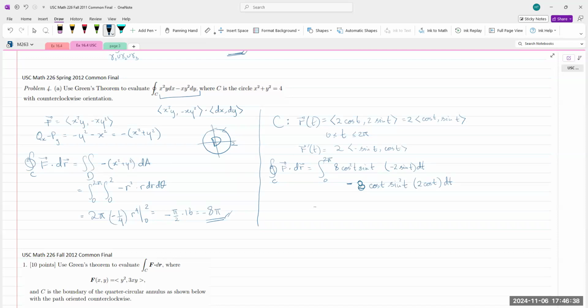Putting things together, that's negative 16 factored out, integral from 0 to 2 pi of cosine squared t sine squared t dt.